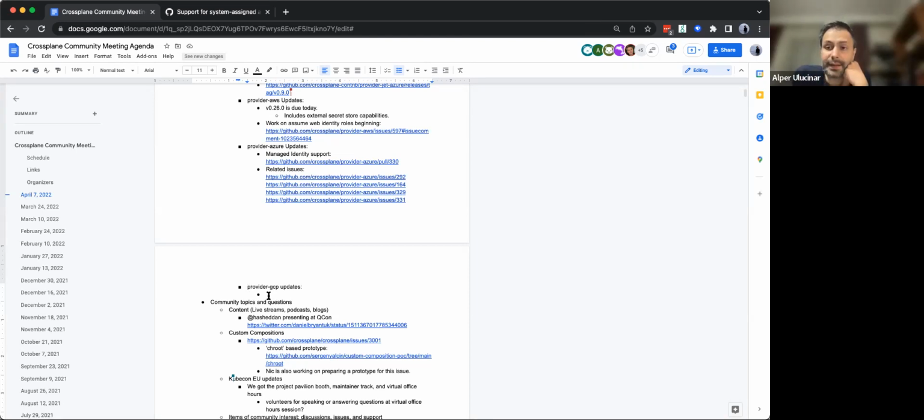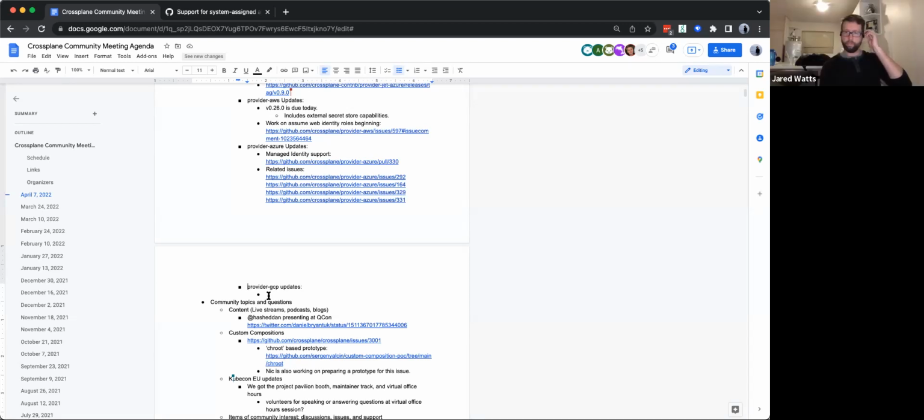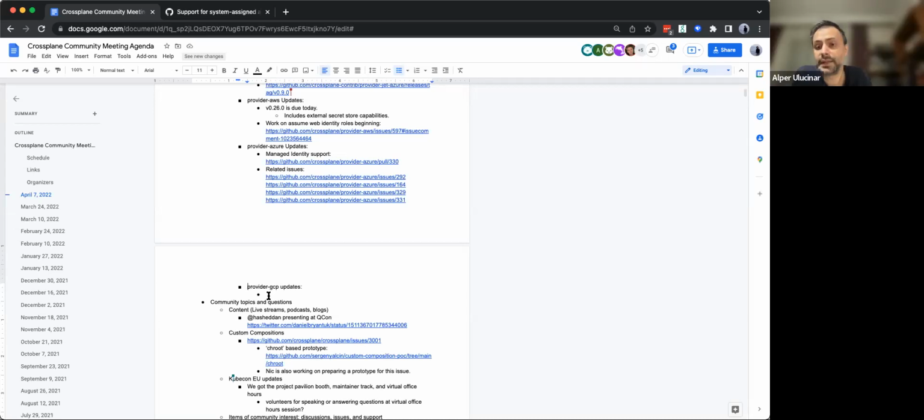Thank you. One thing related to this topic is we have recently introduced support for managed identities in Jet Azure. So the PR is open for the native provider, which introduces support for managed identities in the native provider. It's more complicated there because we are using an old library.